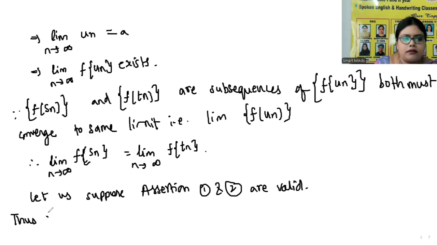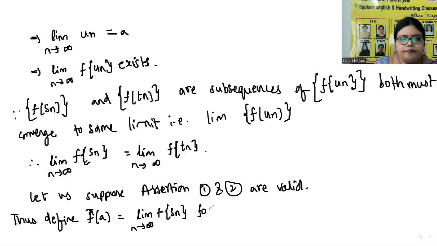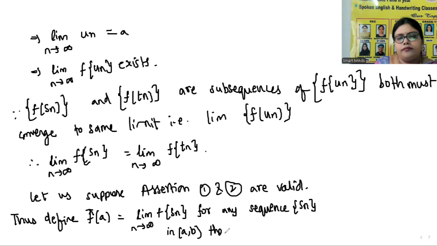Thus, define f bar of a is equal to limit n tends to infinity, f of Sn for any sequence Sn in (a, b) that converges to a.